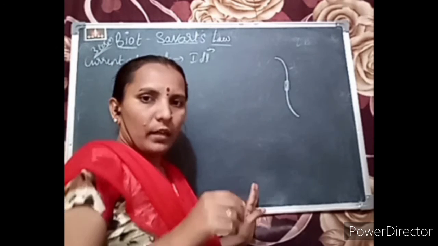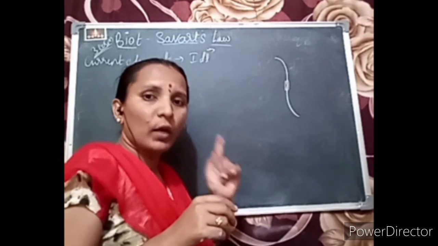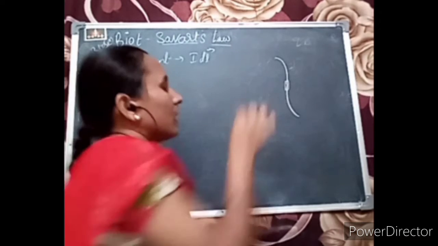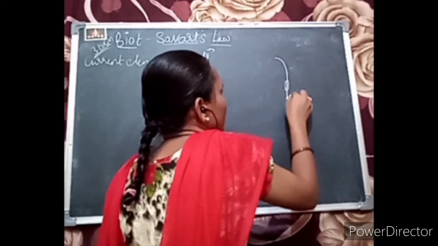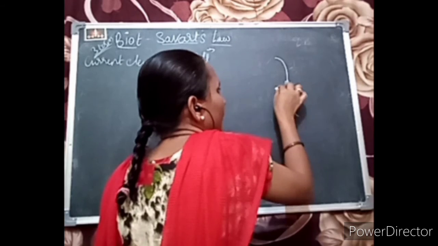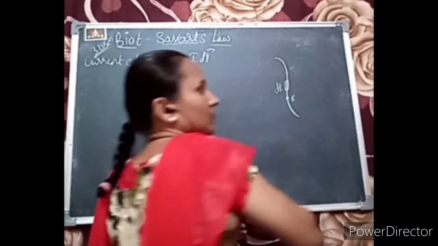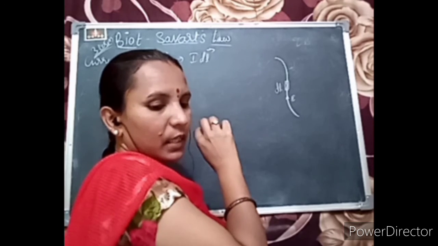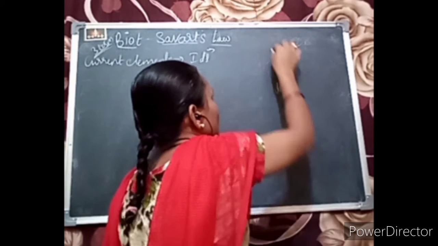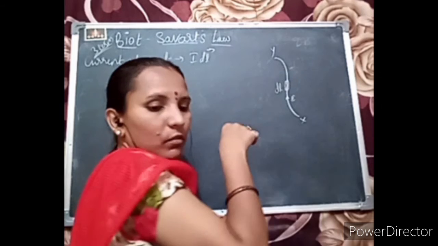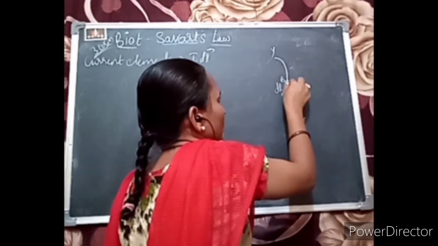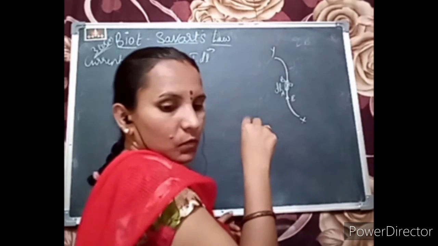A current carrying wire, and I marked one portion, which I will call a current element. The current flowing inside is I, and this length element is dl. Let me call this portion xy. And this is the length AB, and the center of that is taken to be O.